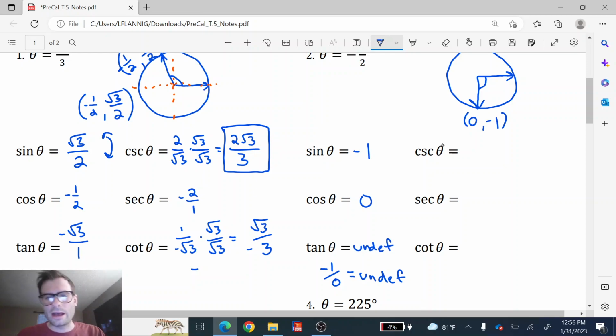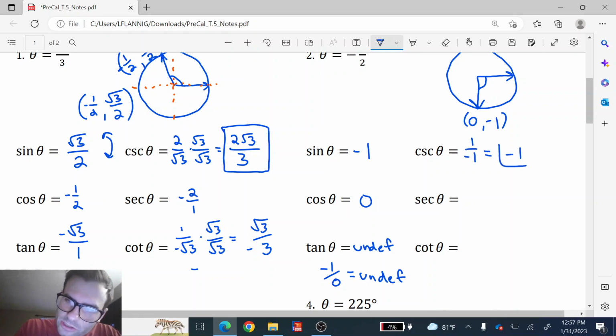And then we have cosecant, which is the reciprocal of this negative 1. So all we got to do is go 1 over negative 1, and that's negative 1. So the cosecant is also negative 1. The secant, if we flip that, gives you 1 over 0, which unfortunately is also undefined.